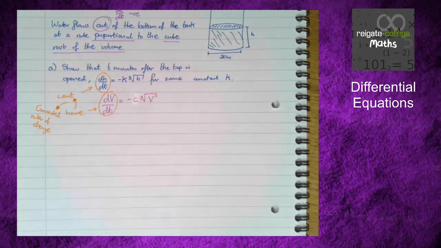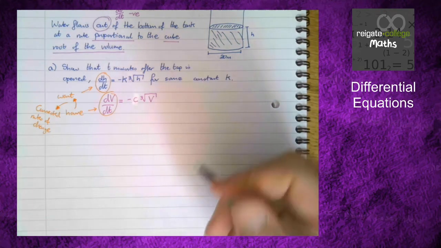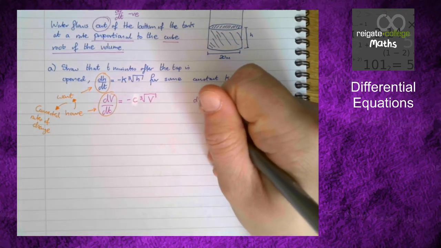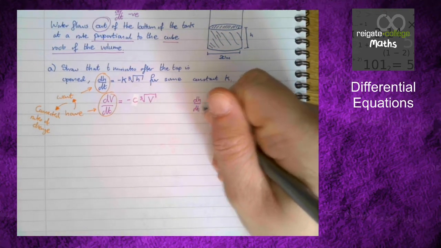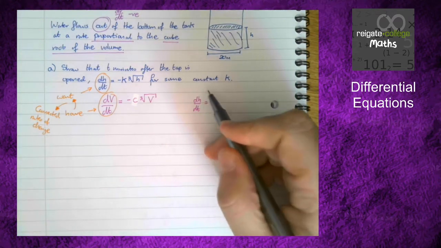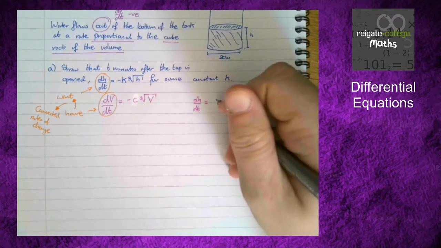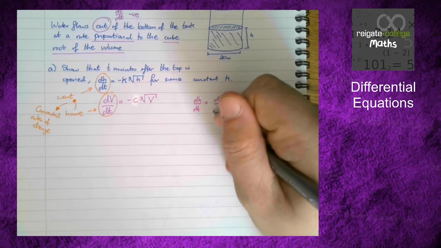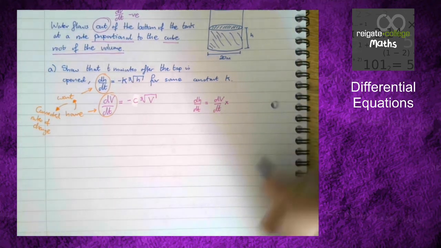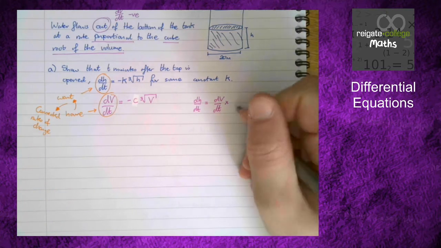So we have dv by dt, we want dh by dt. So what we might want to do is write over here the way that they link together. We want dh by dt, we have dv by dt, we need to times it by something to get here.